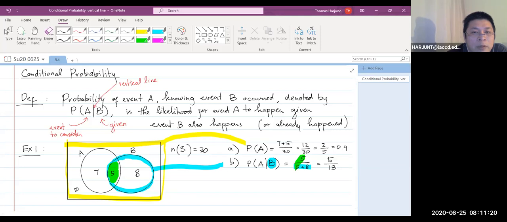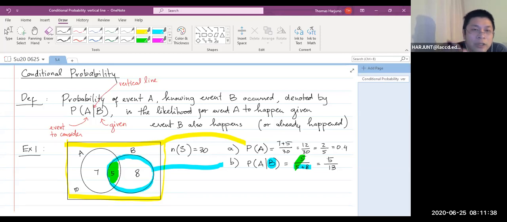For probability of A given B, we see how many elements are in B first, and of those in B, how many of them are also in A.